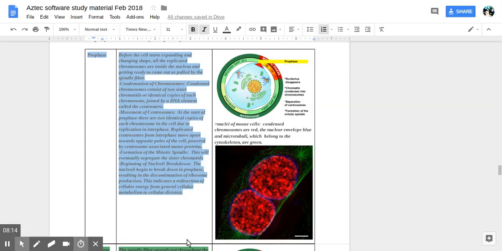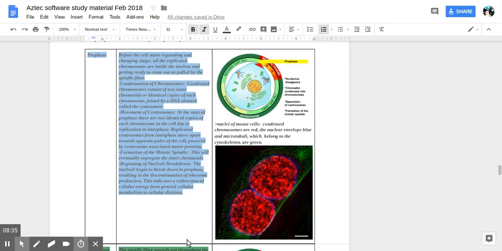The nucleoli begin to break down. So it begins to break down in prophase, resulting in the discontinuation of ribosomal subunit production. This indicates a redirection of cellular energy from general cellular metabolism to cellular division.